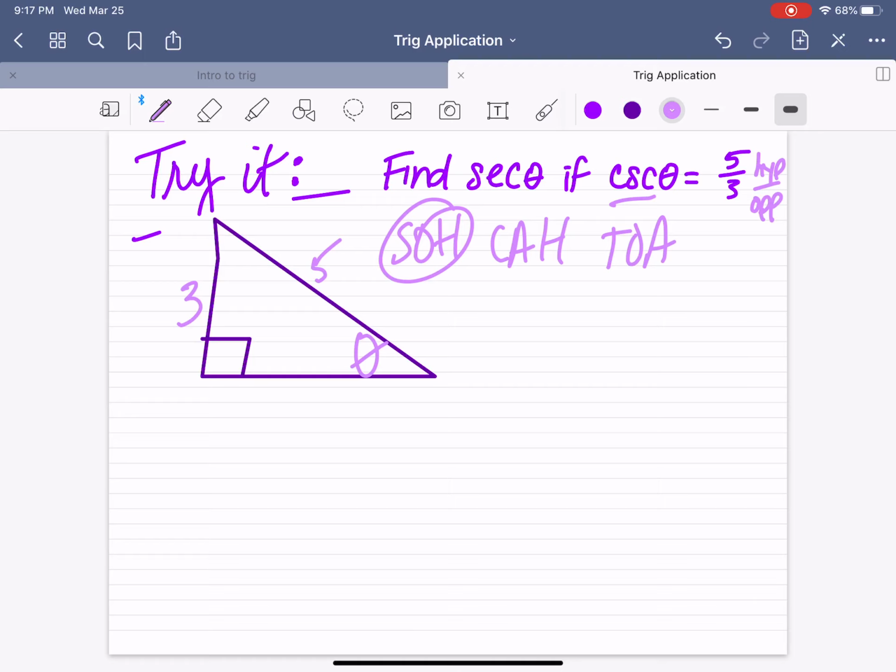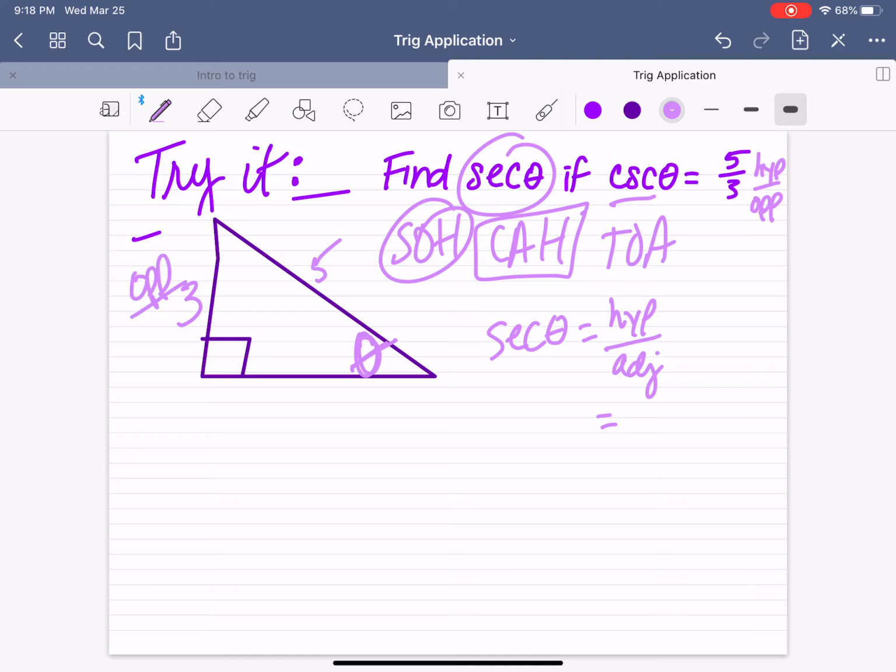And the question is asking for the secant of theta. So one more thing you have to memorize: the secant is the reciprocal of cosine. So the secant of theta will be the hypotenuse over the adjacent. Now, let's label our triangle. If this is the theta we're looking at, this right here is the opposite. This is the hypotenuse.